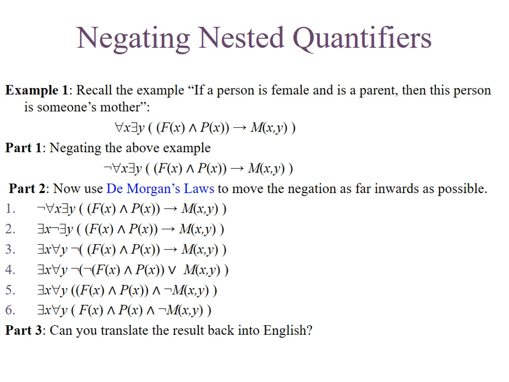Okay, lastly, let's see how we negate nested quantifiers. Actually, we can apply a very similar concept by De Morgan's law. So if we have our previous example, if a person is a female and is a parent, then this person is someone's mother, we already have for all x there exists y, female and parent, he is mother of y.